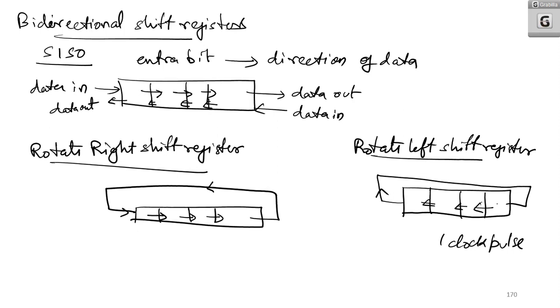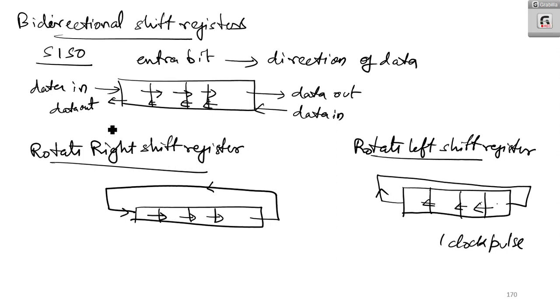Rotate right shift register means data in is from the left side and going out to the right side, and the entire right side data is fed back to the left side. That is rotate right. Whereas in rotate left, everything is taken out from the left and it is fed back as input to the rightmost flip-flop.